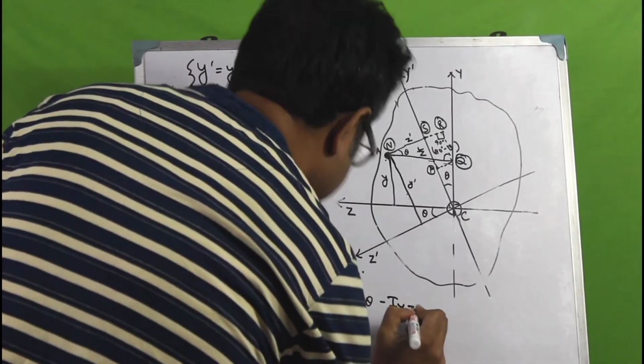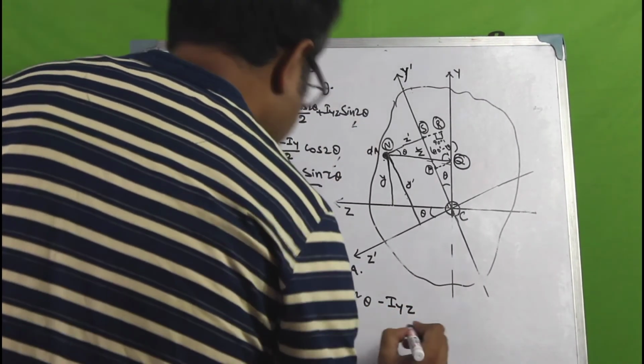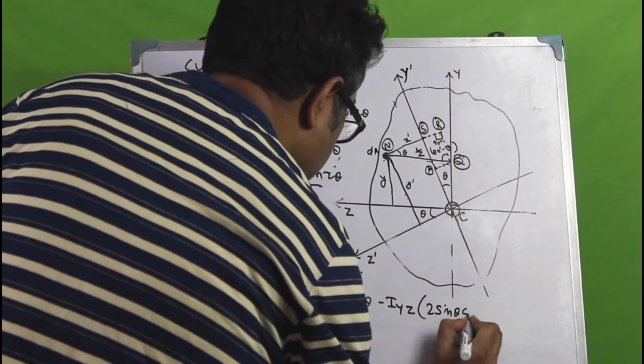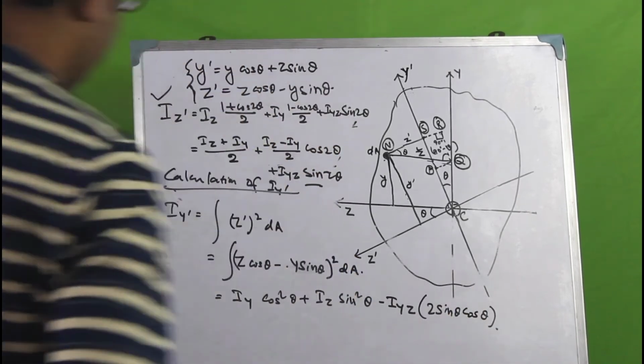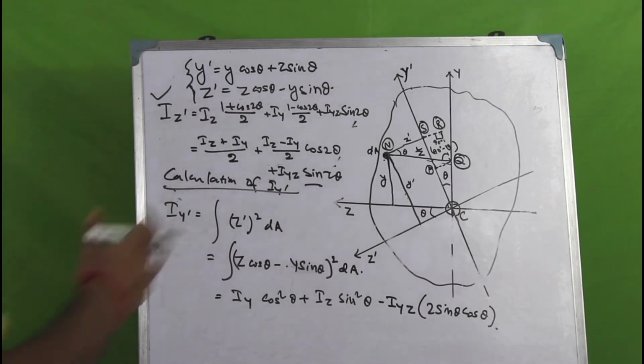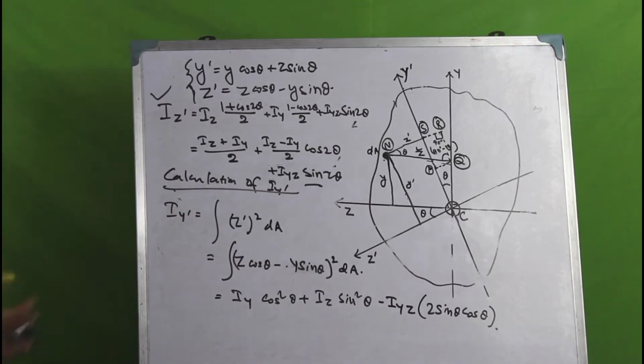The calculation would be similar to what we did previously, but you try that out yourself, and in case you are not able to come to this value, let me know and I can show you the detailed calculations. I have skipped a few steps here because this is exactly the same as what we had done in our last deduction for the calculation of Iyz.